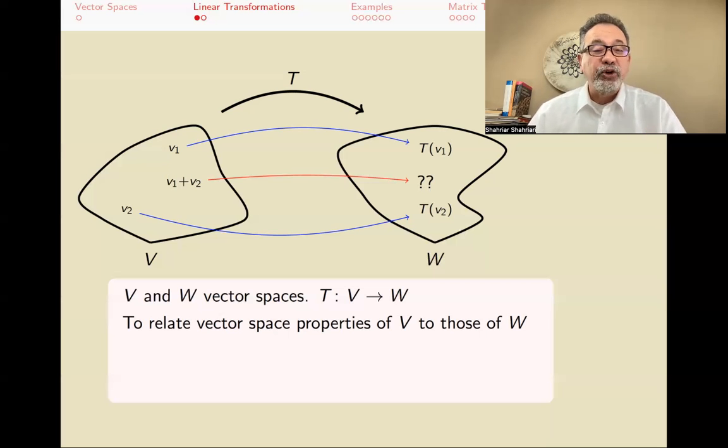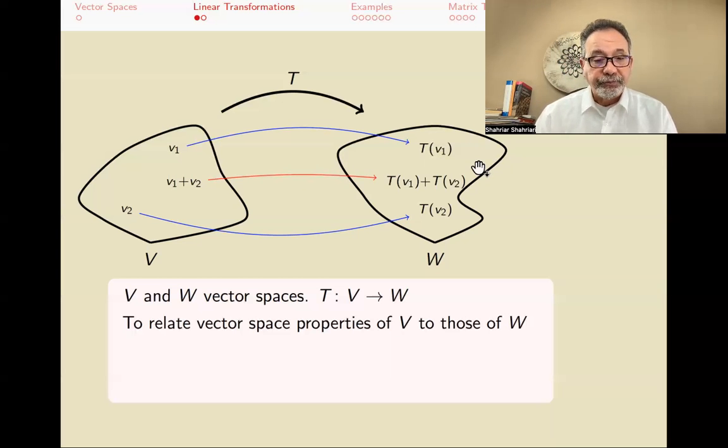If this is going to be a map that tells us about things and lets us do linear algebra, we want V1 plus V2 to go to the sum of T of V1 plus T of V2. So T of V1 plus V2, which is where V1 plus V2 goes, should be T of V1 plus T of V2.